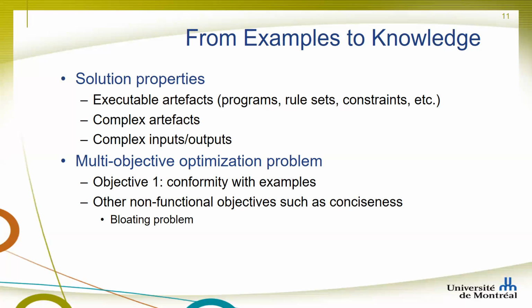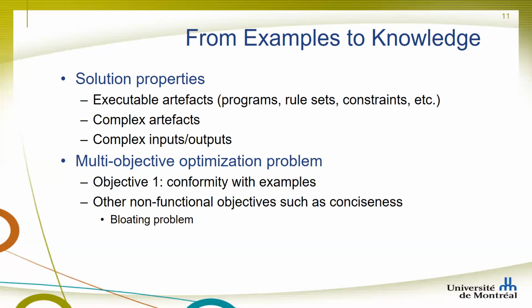We use multi-objective optimization because we have more than one objective in general. The main objective is the conformity with the examples. This is the main objective in all the problems that we are trying to solve.